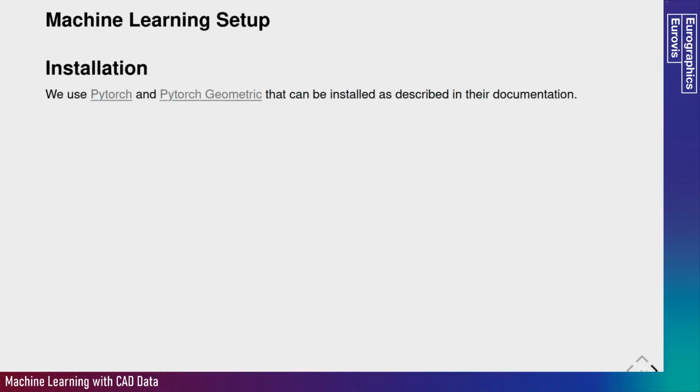Okay, so we've just seen all the data that we want to train our machine learning models on now. And for the machine learning itself, we also need to set up some libraries. What we want to use for our example are PyTorch and PyTorch Geometric for training these two different models.